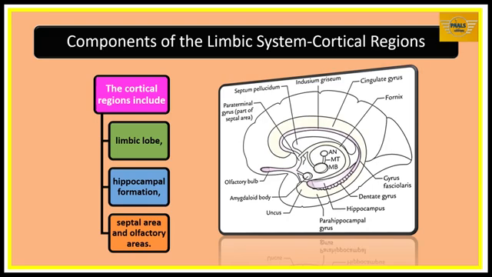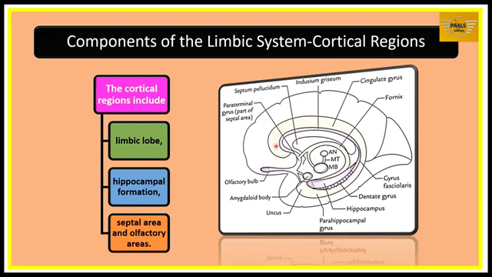We'll try to identify them from our picture. For the limbic lobe, we have these areas forming the limbic lobe. This is the area of the limbic lobe, the area I'm running my light over.